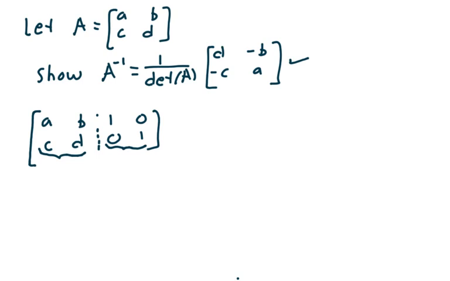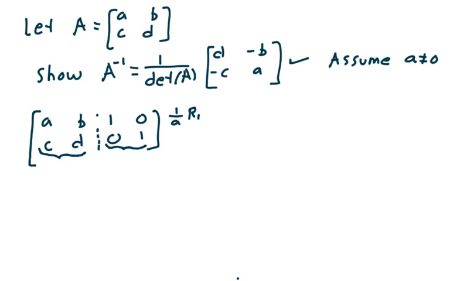Now what's the strategy in order to do this? I'm going to take row 1 and multiply it by 1 over A. Of course, we're going to assume, for the sake of argument, that A does not equal 0.